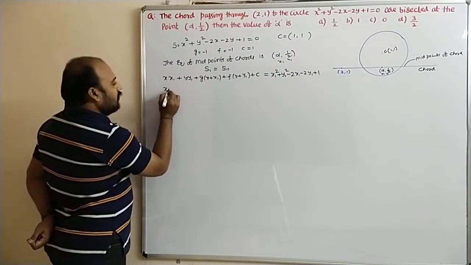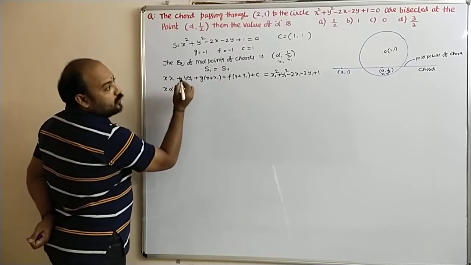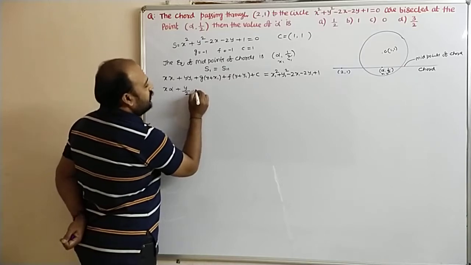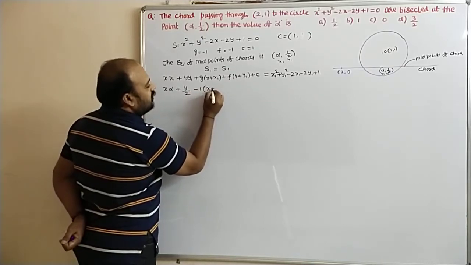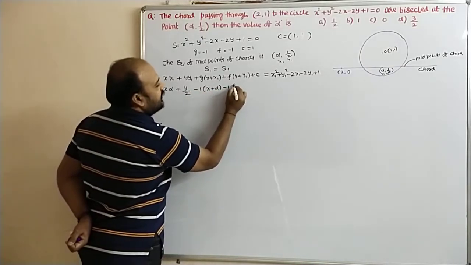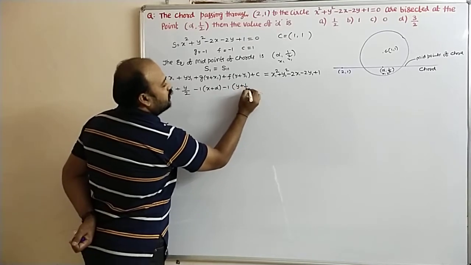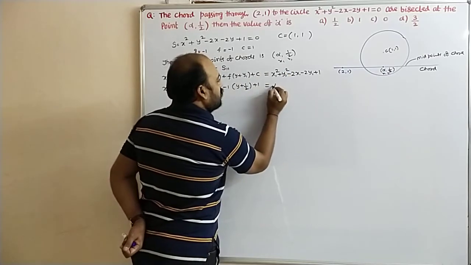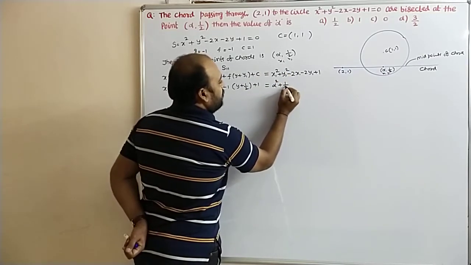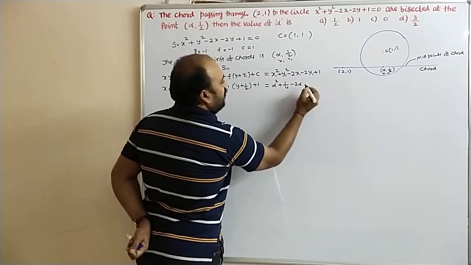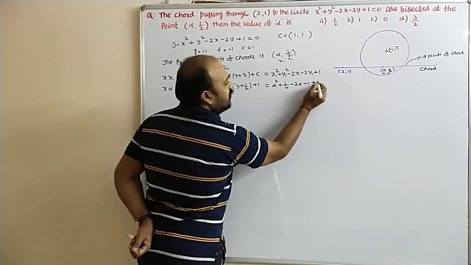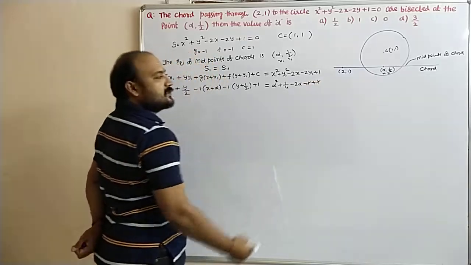So x into alpha plus y into y1 value is 1 by 2, means y into 1 by 2, plus g value is minus 1 into x plus alpha, f is minus 1, y plus 1 by 2, c value is 1, x1 square alpha square, 1 by 2 whole square 1 by 4, minus 2 alpha minus 2 into 1 by 2, it is minus 1 plus 1. So both will be cancelled.